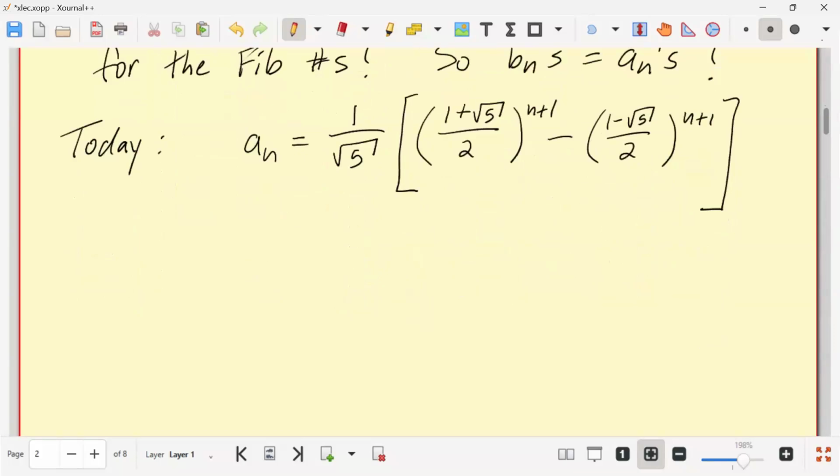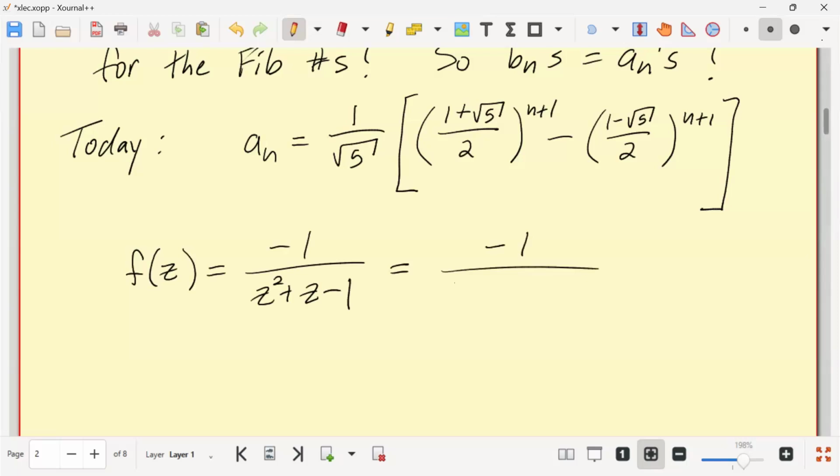is we have our function we started out with, minus 1 over z squared plus z minus 1. And I found the roots of that thing in the denominator. That's minus 1 over (z minus r1), the golden ratio number, and (z minus r2), the other one.